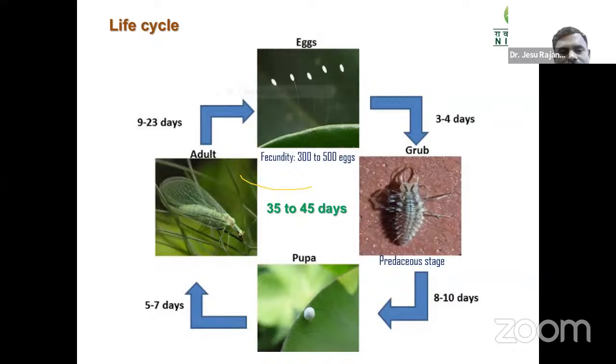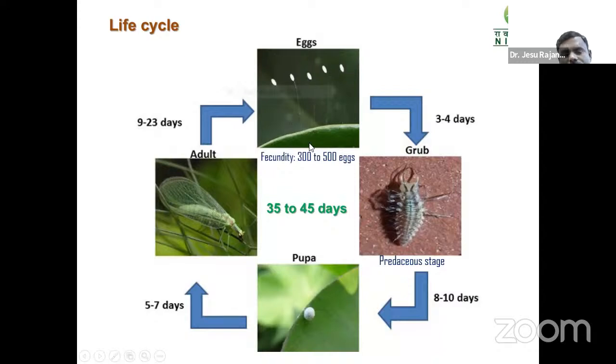So this is the life cycle of these insects. The adult lives for a minimum of 20 days, and a maximum of 60 days. The female lays stalked eggs. You see here, the photos look white, but the original is a light green color.